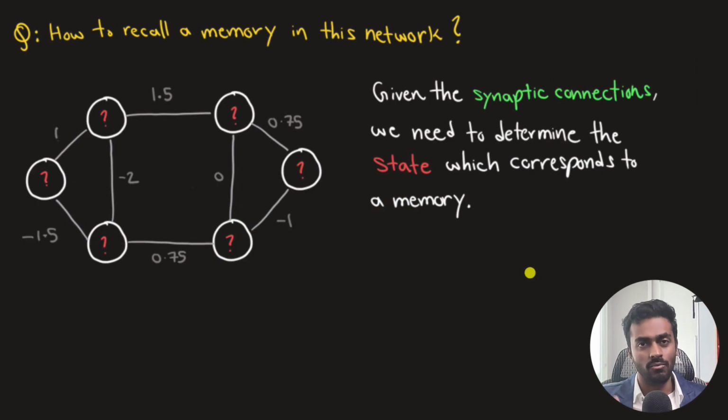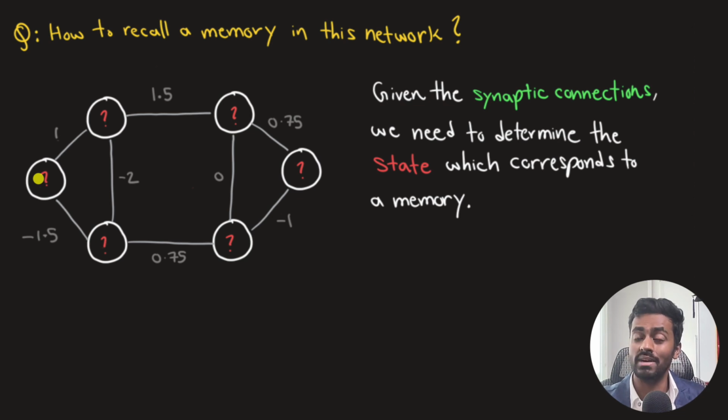Now, let's actually work through this example here, where we are given synaptic connections and we need to determine the state which corresponds to a memory. Remember, the memory that we stored was 1, 1, 1, 0, 0, 1.